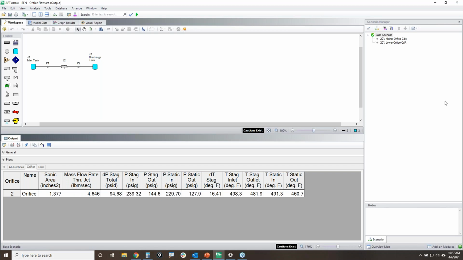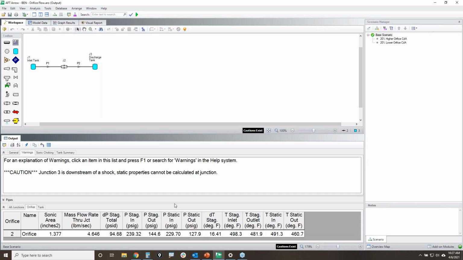Okay, so we have a flow rate through the system of 4.6 pounds per second, and our sonic area at the orifice is calculated to be 1.37. Do we have sonic choking in our system? Well, yes, we do.